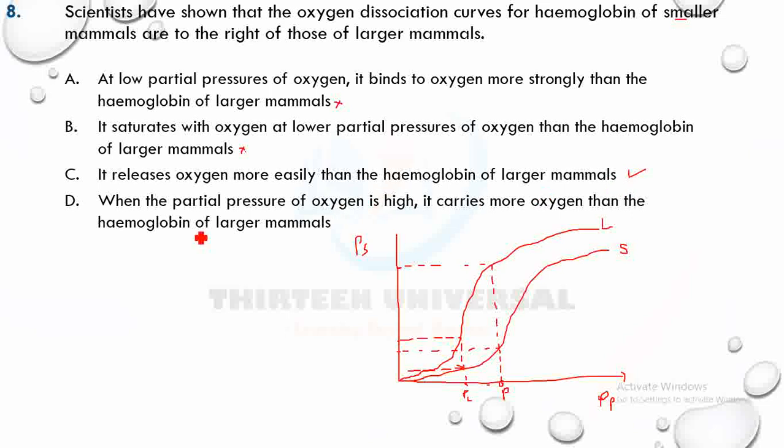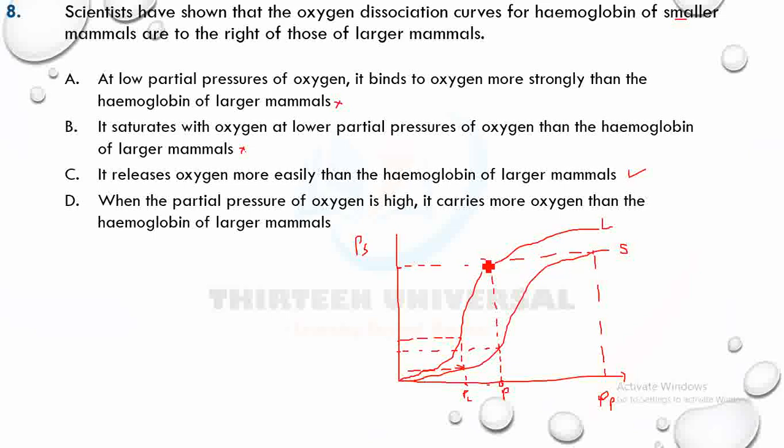Now D says when the partial pressure of oxygen is high, it carries more oxygen than the hemoglobin of large animals. It's not true. Can you see the higher partial pressure? If you go to this higher partial pressure, let's trace it. Now this is small mammal. If you check the percentage saturation, trace it to the graph.